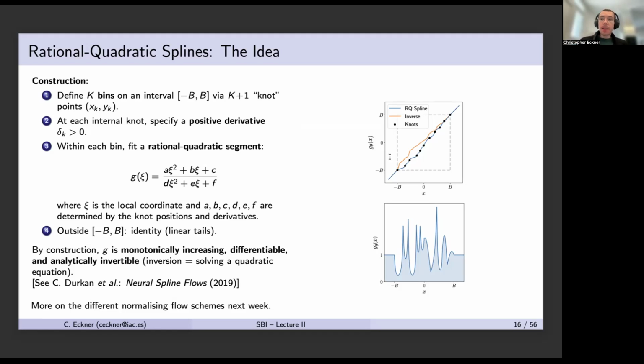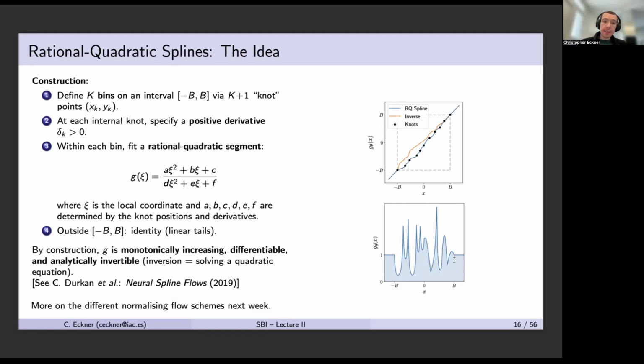And it can become quite expressive because it is nonlinear and quadratic. The only thing you need to make sure is that the overall spline within the interval you've chosen stays monotonic. And you need to make sure that at each of these knots you have all consistency conditions fulfilled, so it is continuous and differentiable. Of course, as you see here, differentiable is necessary, but it doesn't have to be twice differentiable, as you see here in this example.